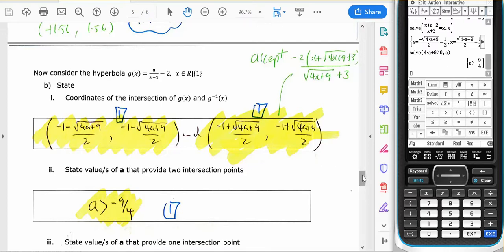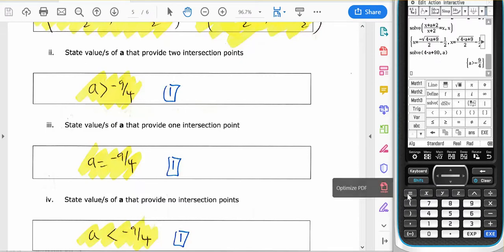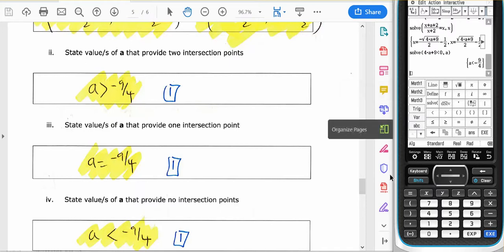And for one intersection point, that means the discriminant equals 0, and it's equal to -9 on 4. And when it is less than 0, then I'll have no solutions. And that's when a is less than -9 on 4.